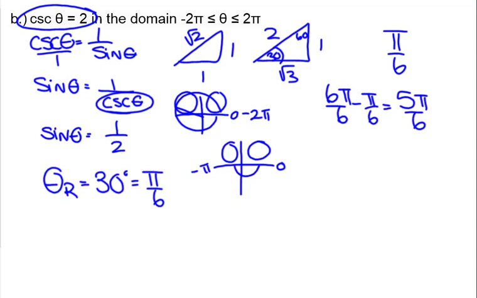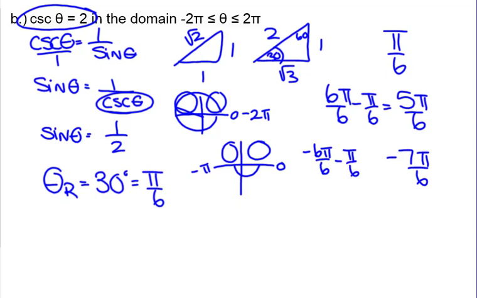So negative pi is the same as negative 6 pi over 6. And we want to go 1 further than that in the negative direction. So 6 pi over 6, and we're going to go 1 pi further, is going to be negative 7 pi over 6.